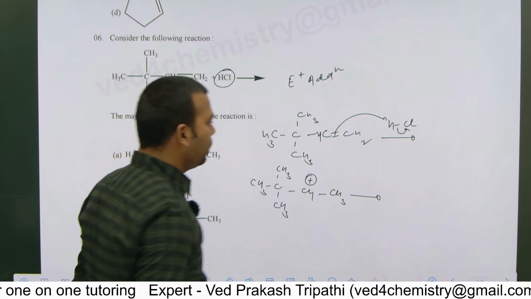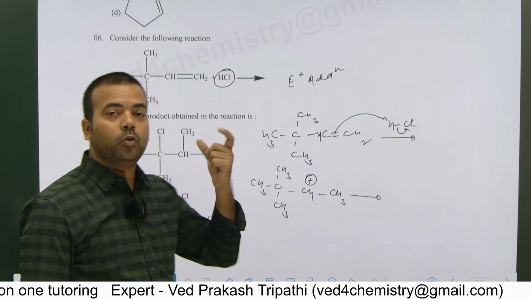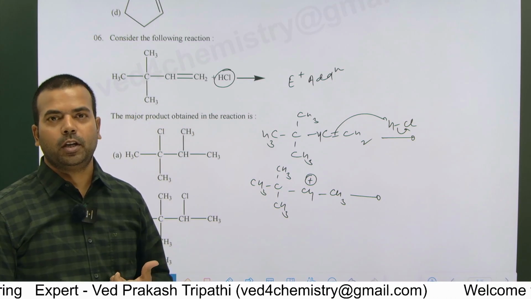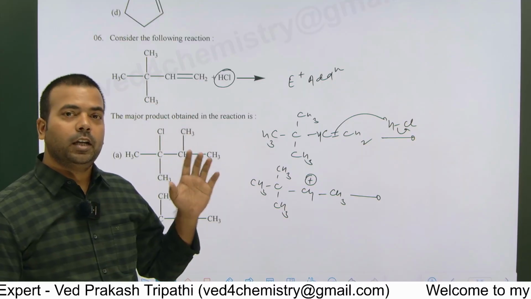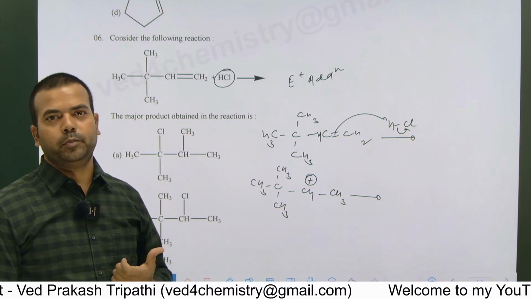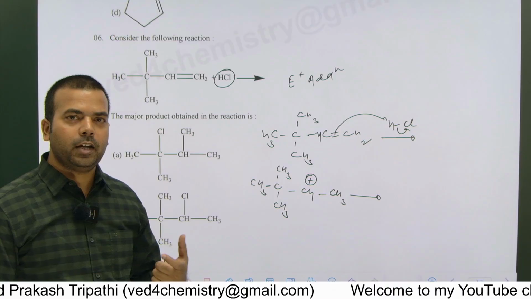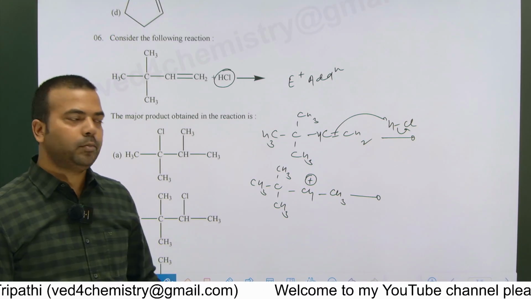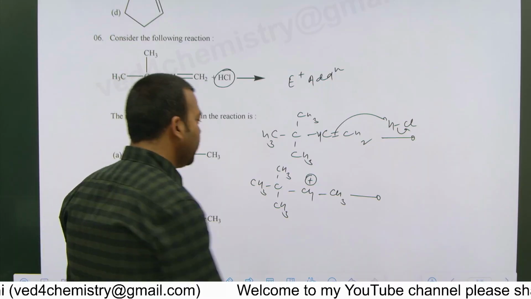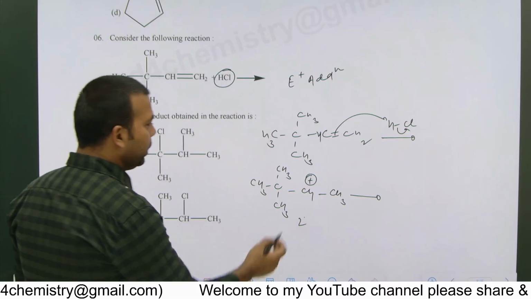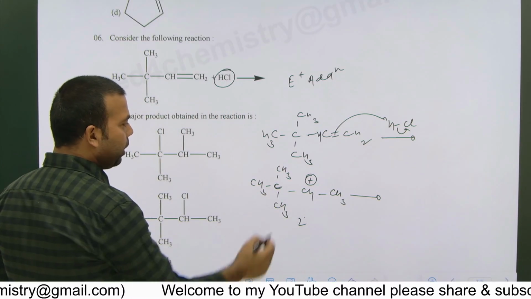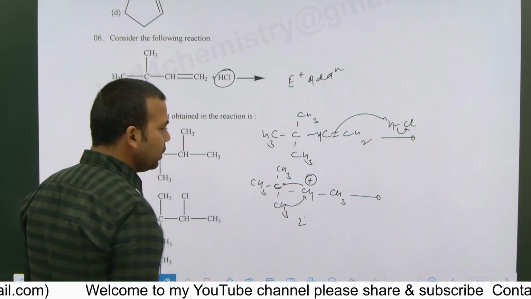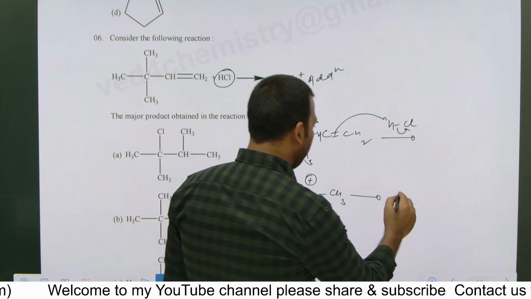Do not apply Markovnikov's rule directly on the alkene if there is a rearrangement. In this reaction carbocation is an intermediate, so whenever you have a carbocation intermediate, first check the rearrangement. Here rearrangement takes place because this is a secondary carbocation, and we can shift a methyl from the neighboring carbon and keep the positive charge on this position, so you have a tertiary carbocation, this one.